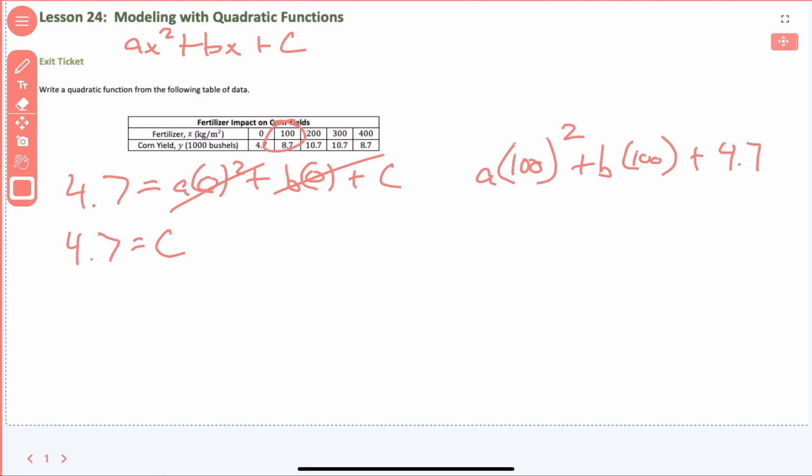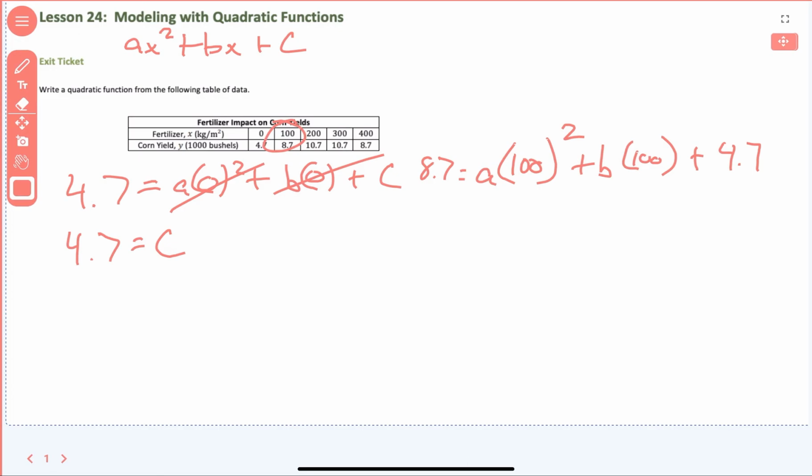We know what that is now, right? Remember, we are doing this to fill in these A's, B's, and C's. What does that equal? 8.7, right? Plug in that x, we get that y.